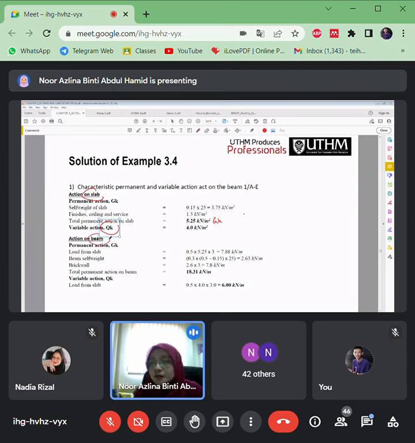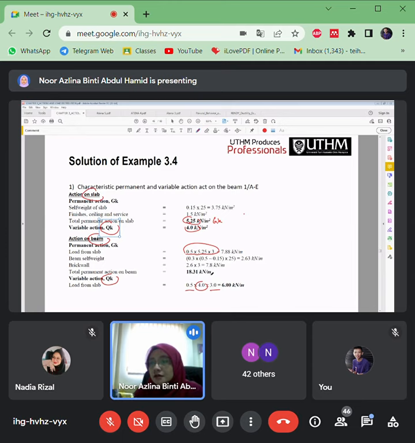The same goes for the beam here. You need to distribute the load from the slab, with the n value here, 5.25. Just half of the length, just half of the 3 meter. Then also for the Qk, half of the Lx will be transferred to the beams.